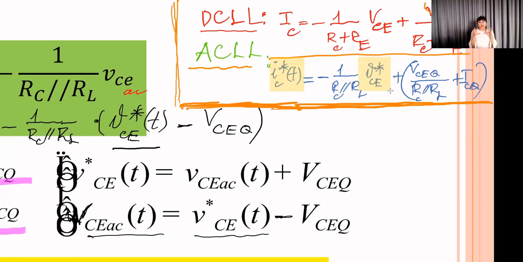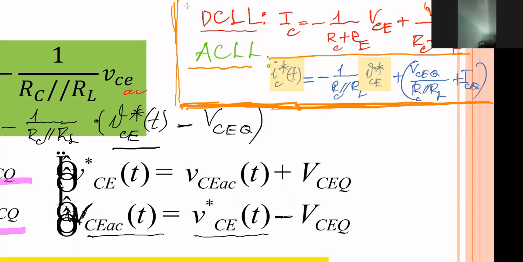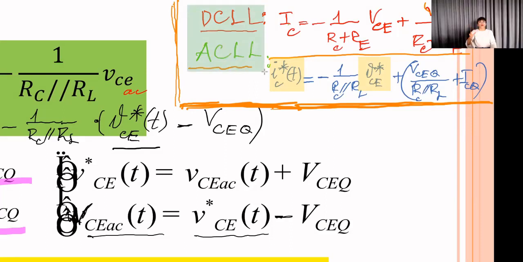It is the real value including DC energy and AC energy, right? And we have two equations related to the DC load line and the AC load line. This is the main answer for the first question.